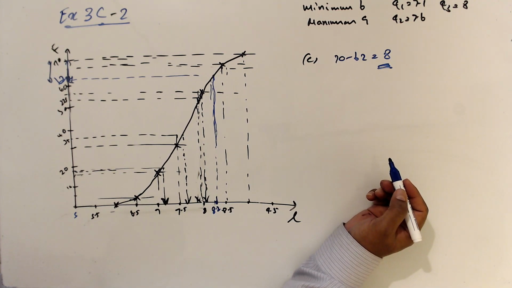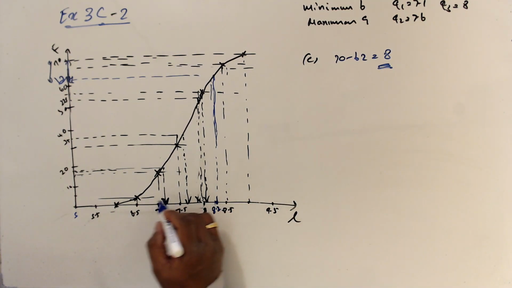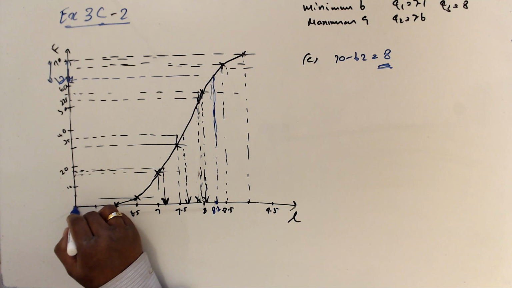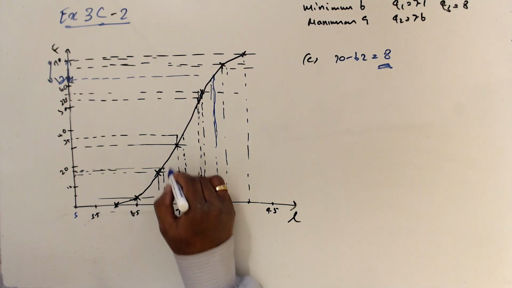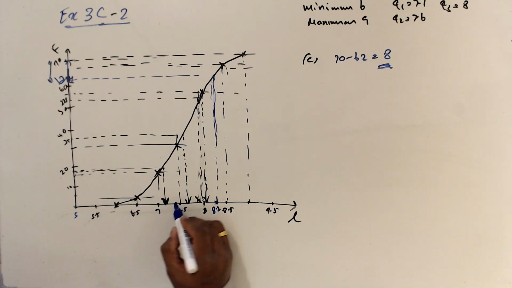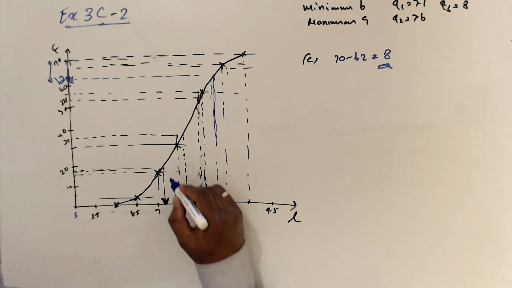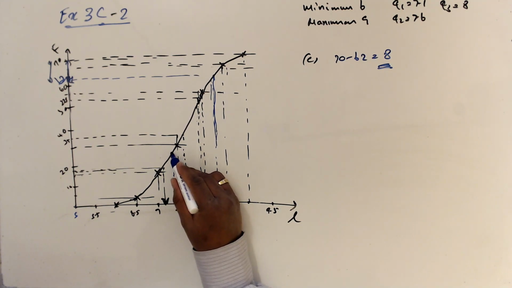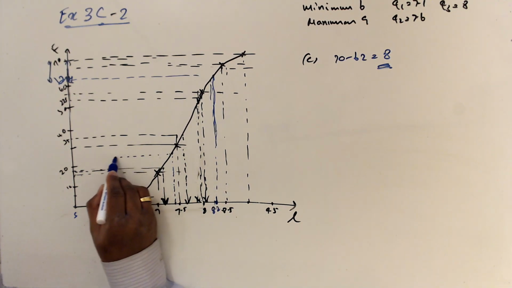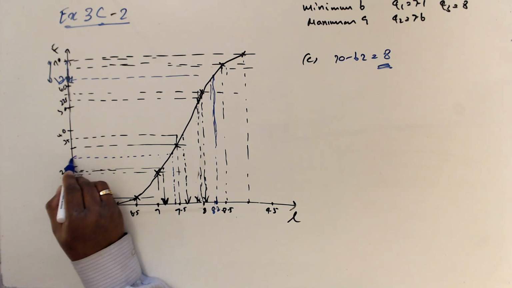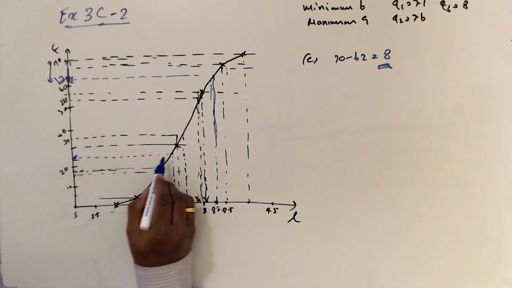Then shorter than 7.3. Then it's going to be shorter than 7.3 from 0 to 7.3 somewhere. So 7.3 I will start from here, go up to the curve, and this is the point, and then I'll go back. Yes, so it's coming.